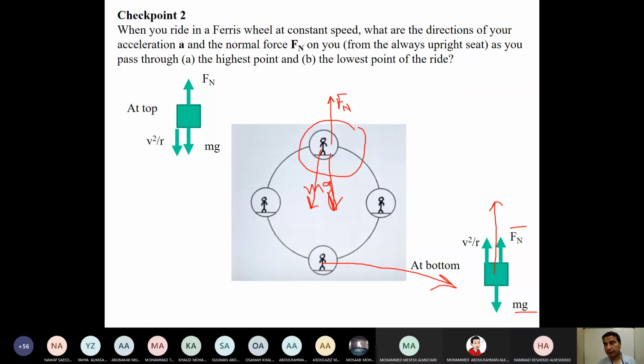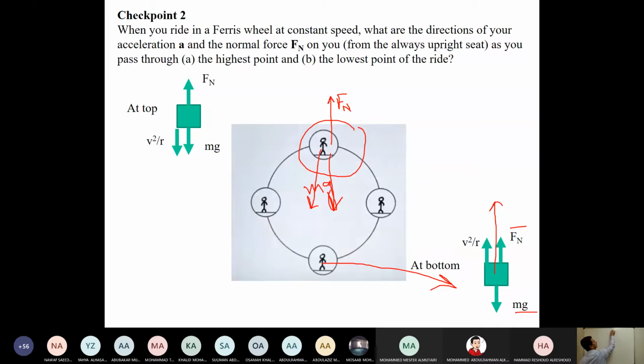Yes. So there is something we need to know. There are two forces on this object. Let me draw it here on the diagram. When you are at the top of the wheel, like this position here, you are sitting on the seat, so the seat is pushing you upward.